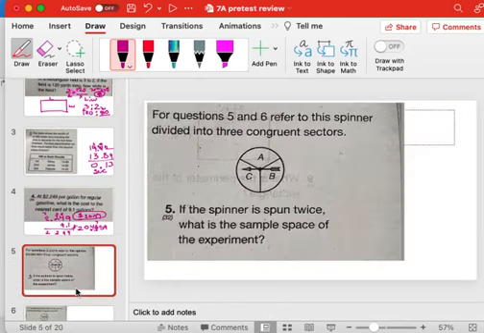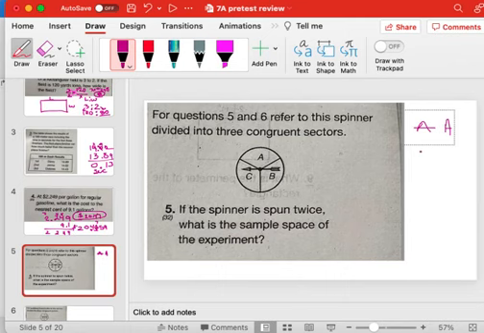Okay, for questions 5 and 6, refer to this spinner divided into 3 congruent sectors. If the spinner is spun twice, what is the sample space of the experiment? Okay, so we're going to say spun twice sample space. So we could have A. In other words, 2 separate spins, we could get an A on both spins.